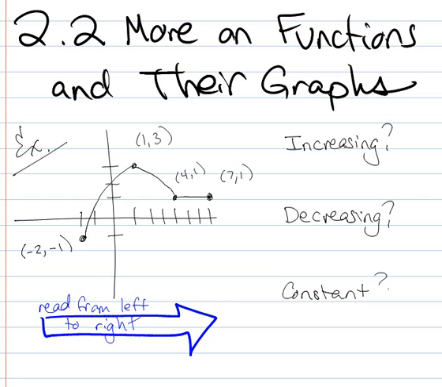Not really knowing anything about this, if you just look at it, when would this be increasing? If I'm reading from left to right, when am I going uphill? That kind of makes sense, right? Increasing, going uphill. So a little skier guy, and he's having a really tough time of it because it's uphill.